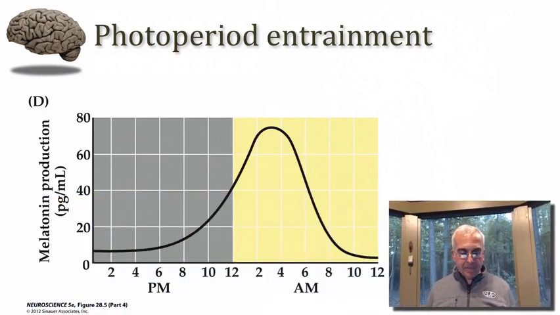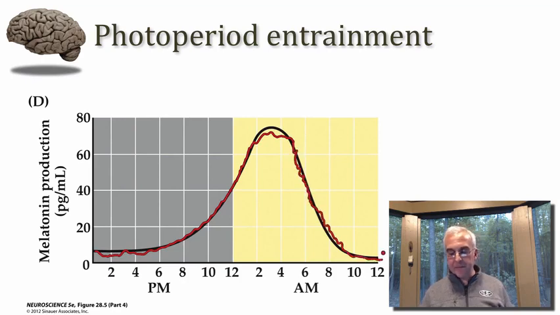So here's the data showing the production of melatonin throughout our circadian rhythm. And as you can see here, the production of melatonin rises in the early evening typically and continues to rise after we've fallen asleep. And then somewhere during the night's sleep, the levels of melatonin fall precipitously as we approach daybreak.